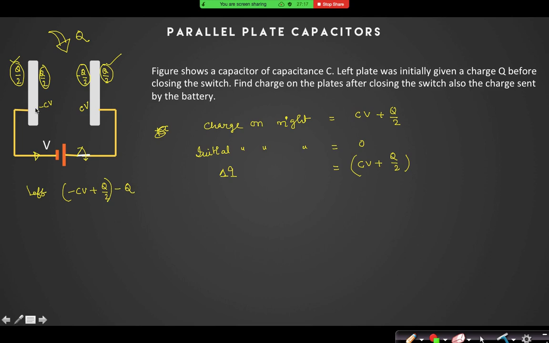Q or not? Initial charge was Q. So what is the difference between them? Minus CV minus Q by 2, right? So definitely plus of CV plus Q by 2 charge has come from that left plate to the battery. So that is why the battery is always neutral, right? You have to always make sure that the battery is neutral.